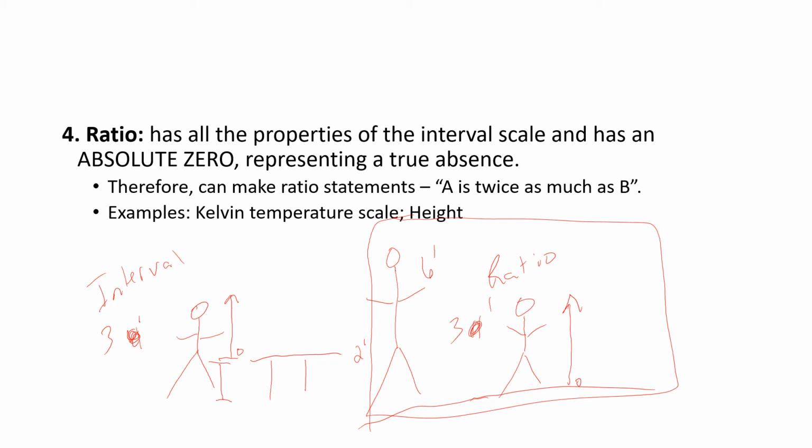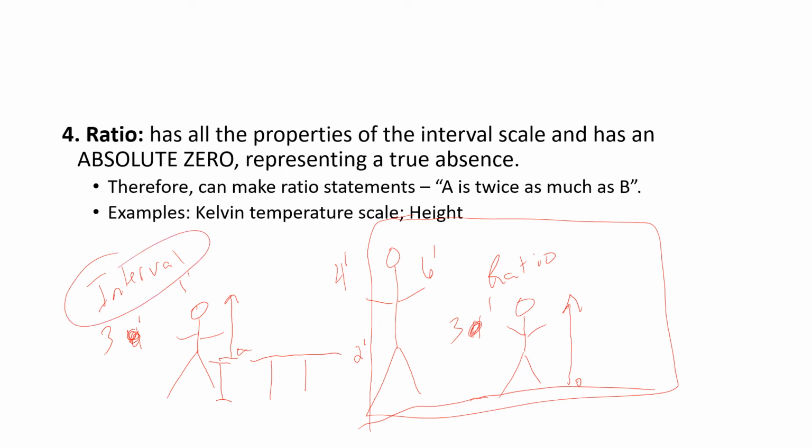However, if we're measuring from the top of this 2 foot table, the person on the left is only going to be 1 foot tall. The person on the right is going to be 4 foot tall. The ratio statement, if you made it there, would say that the person who's 6 foot tall is 4 times taller than the person who's 1 foot tall. We can't make that ratio statement though, because it's an interval measurement.